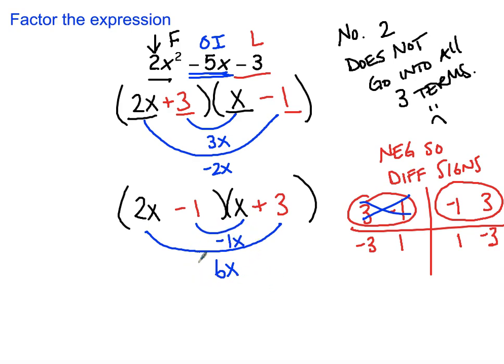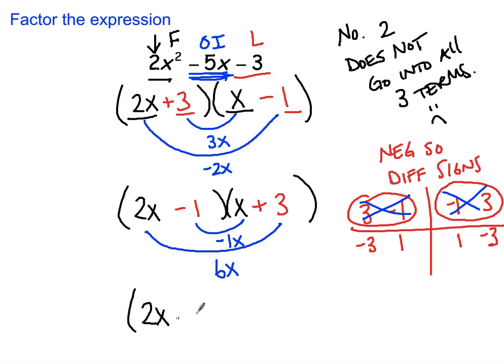When I add those up, I get a +5x. But I want a -5x. So I'm closer. I got the 5 part, it's just the wrong sign. This is a +5x, so that's not going to work. This combination did not work.